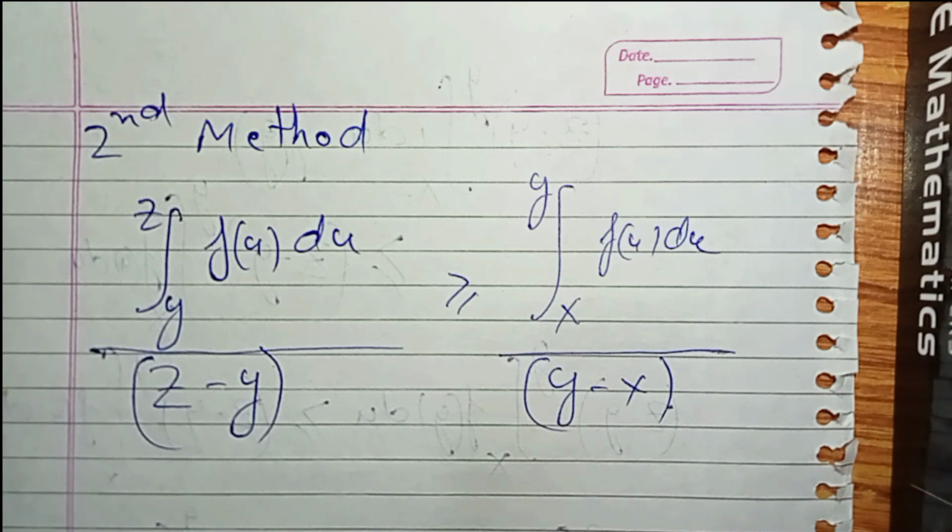And using this theorem, I can say the theorem is for a continuous function. The theorem that you see on your screen is for a continuous function f, but my f is not continuous here.